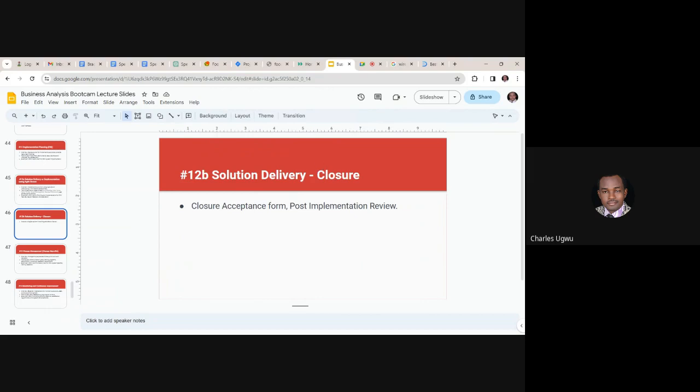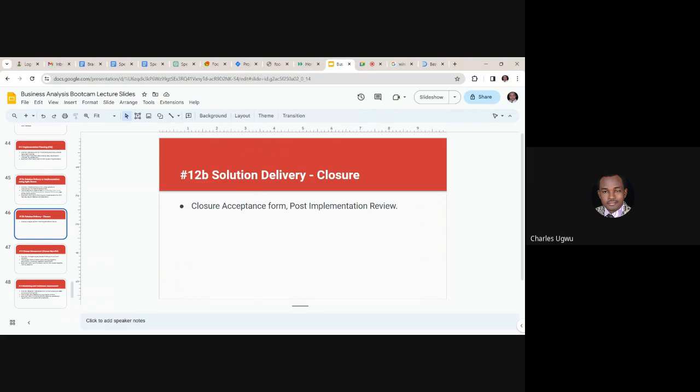We have what we call closure. Every project has a closure. For instance, if it's a 6-month project, after the whole delivery, we come to a conclusion. We've delivered what the stakeholders are looking for. There's what we call an acceptance form. The business analysts need to process the acceptance form.